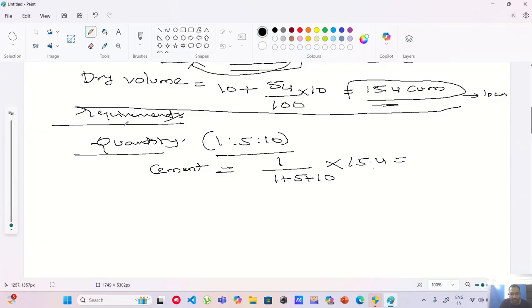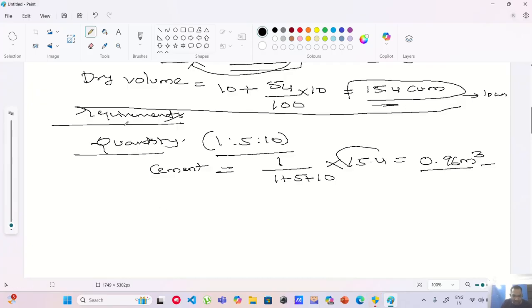So 1, the cement proportion, divided by the sum of all the mixed proportion materials, times the quantity. I got the cement quantity as 0.96 cubic meter. The unit will come only in cubic meter.